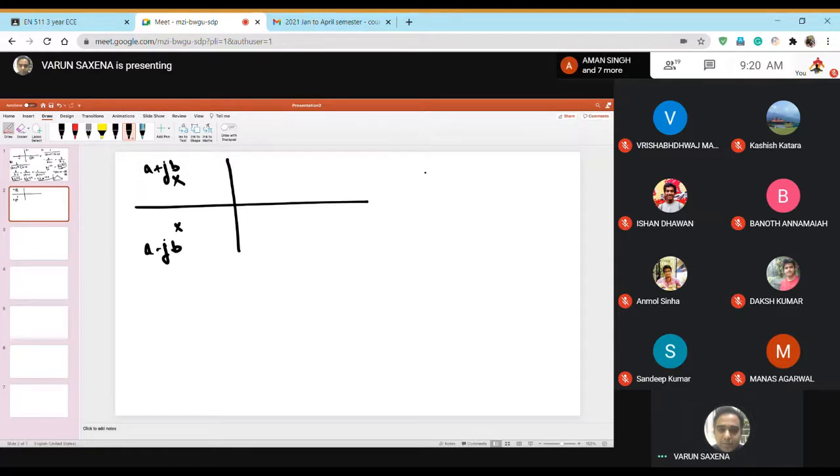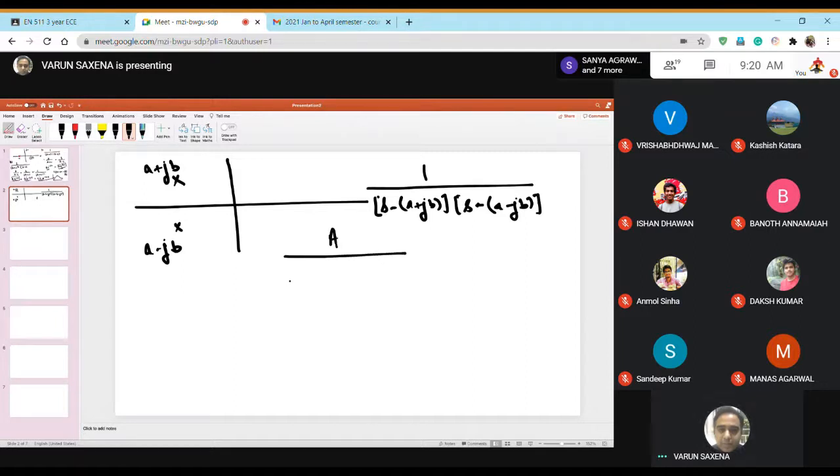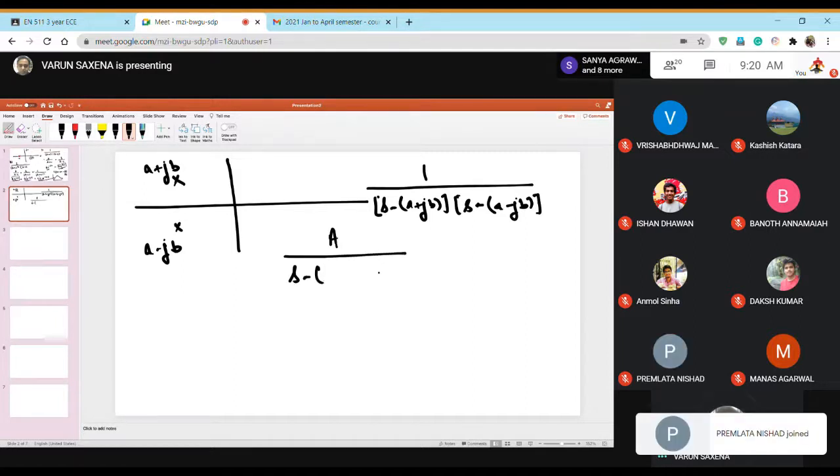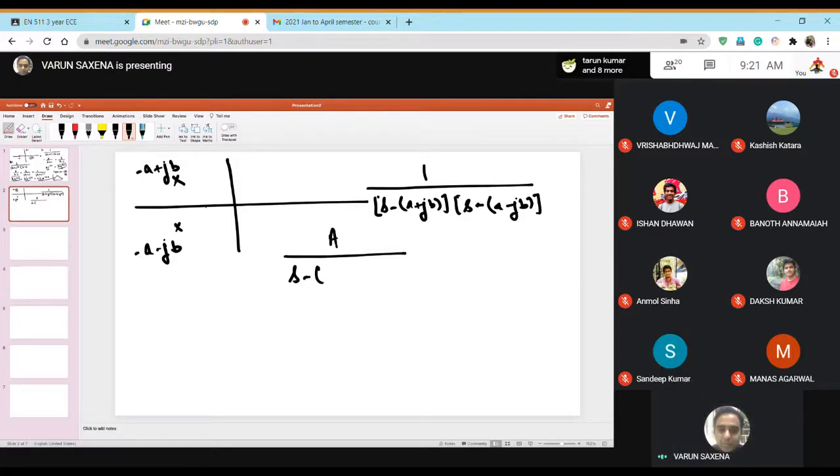So the transfer function will be something like s plus a plus jb, s minus a minus jb, right? Now sorry, this will be a minus a and this will be a minus a because we are on this side of the S plane.